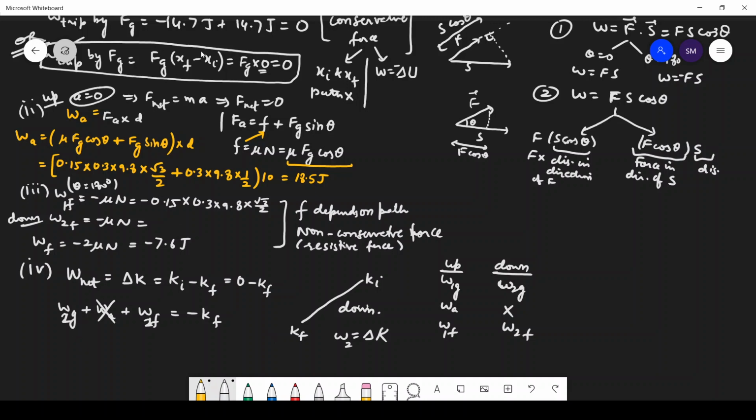So what is W2G? W2G was 14.7 joules. And what is W2F? Work done by this friction force. That's minus, so half of 7.6. Half of 7.6 is this value, so that's 3.8 joules.